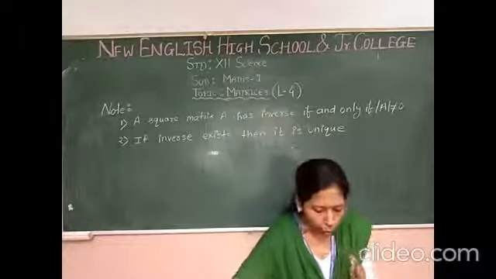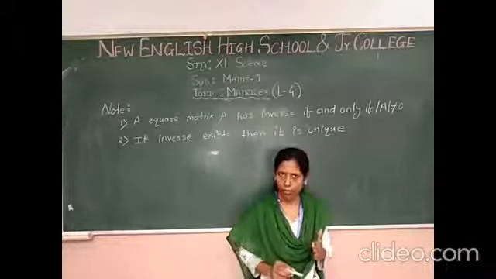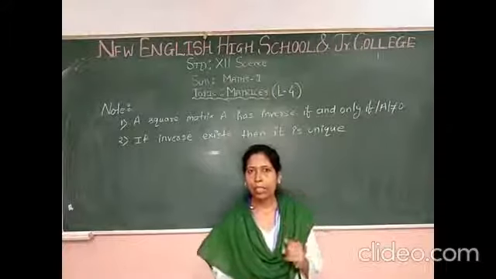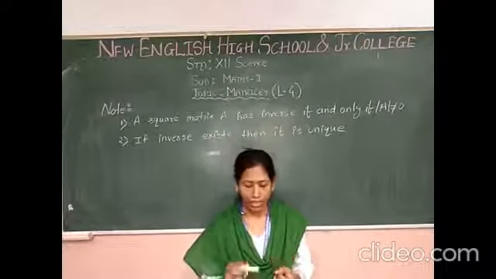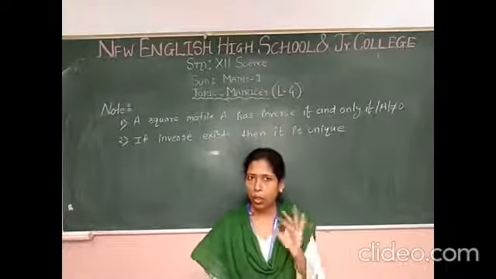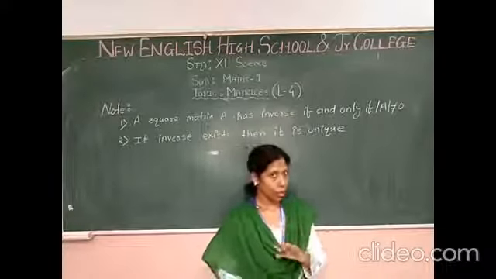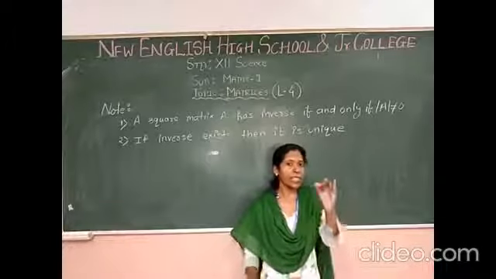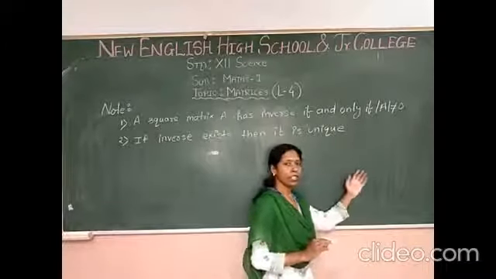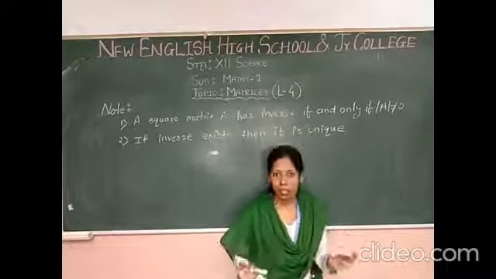That means before finding inverse, we must check its determinant. In case we get its determinant 0, no need to find inverse. We can directly write that inverse of matrix A does not exist.